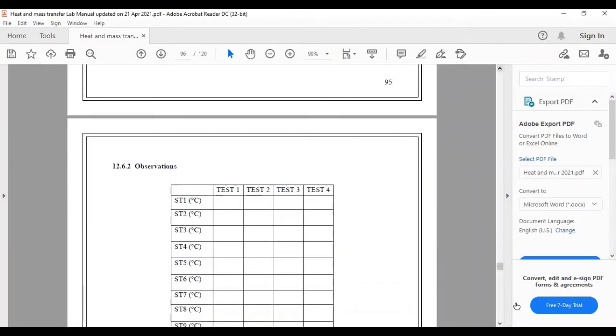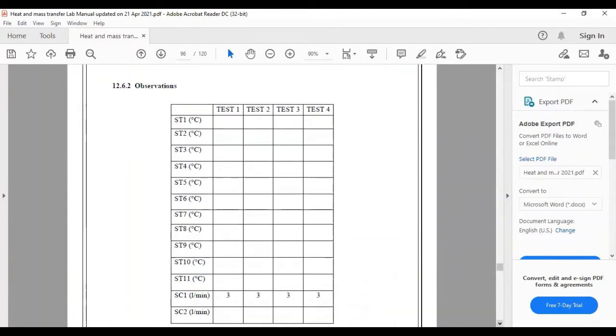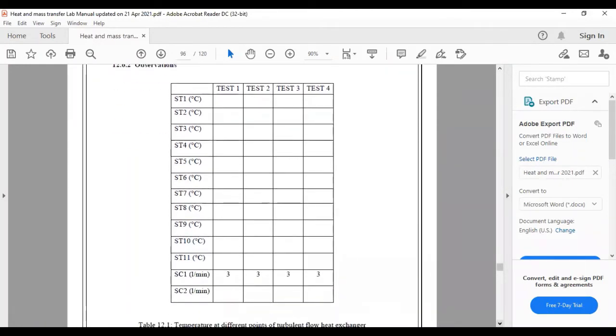Okay, coming back to the lab manual. On the observation table, we have got all of these values of temperature: ST1, ST2, ST3, up to ST11, and these are the different sensors placed at different points.